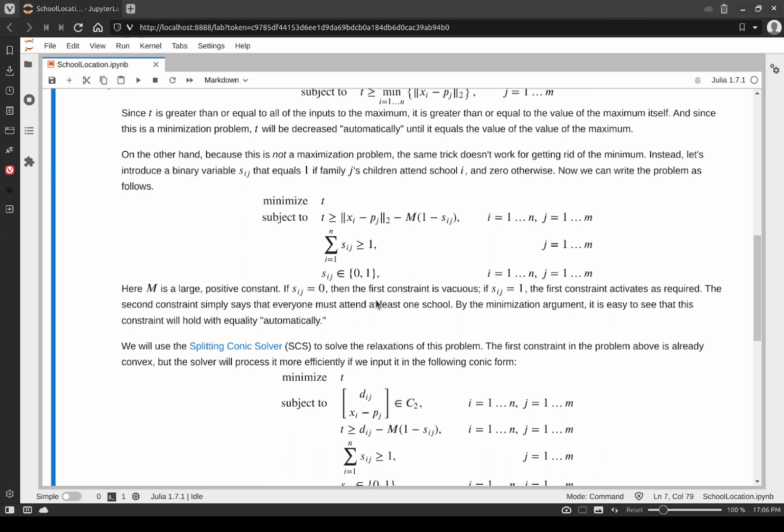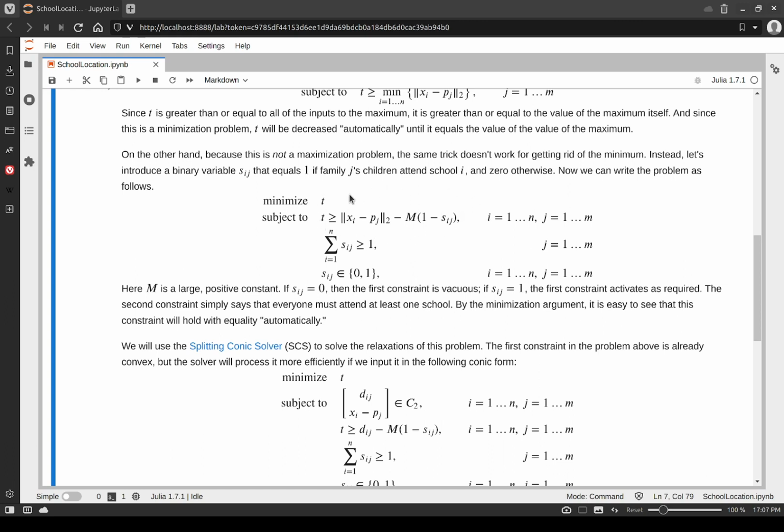Now we are almost ready to start typing in our optimization problem. But there's one change that we have to make in order to solve it efficiently, and that's this. If we look at this first inequality constraint, we can see that we have a linear term on the right, a linear term on the left, but then in the middle we have this norm. Now this is actually a convex function, so from a mathematical standpoint, there's nothing wrong with this.